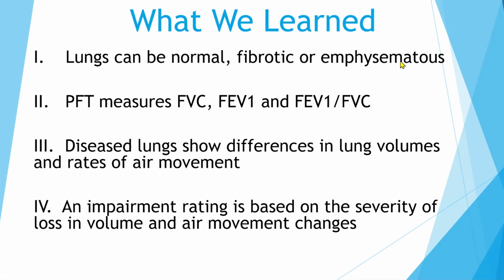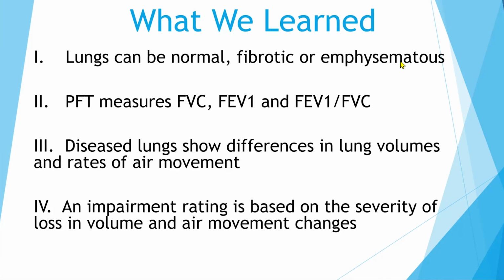Excellent. So just to recap, what did we do? We learned that lung tissue can be normal, it can be stiff, or it can be really thin and loose, fibrotic or emphysematous. Next, we learned that the pulmonary function test has key elements for impairment rating, and we talked about forced vital capacity and FEV1, and then the ratio of those two. Number 3, we learned diseased lungs show differences in the lung volumes.